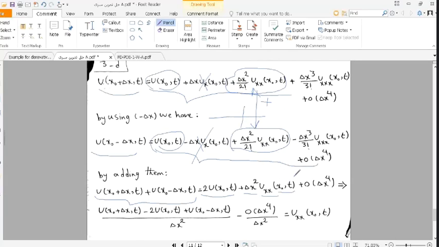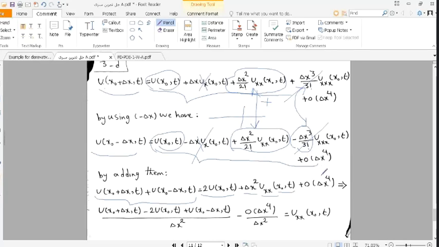When we add the last terms with each other, delta x3 over 3 factorial in the first line, and in the second line we have minus delta x3 over 3 factorial uxxx. These two terms are simplified with each other. And for the truncating error, we have O of delta x4 remaining for us.